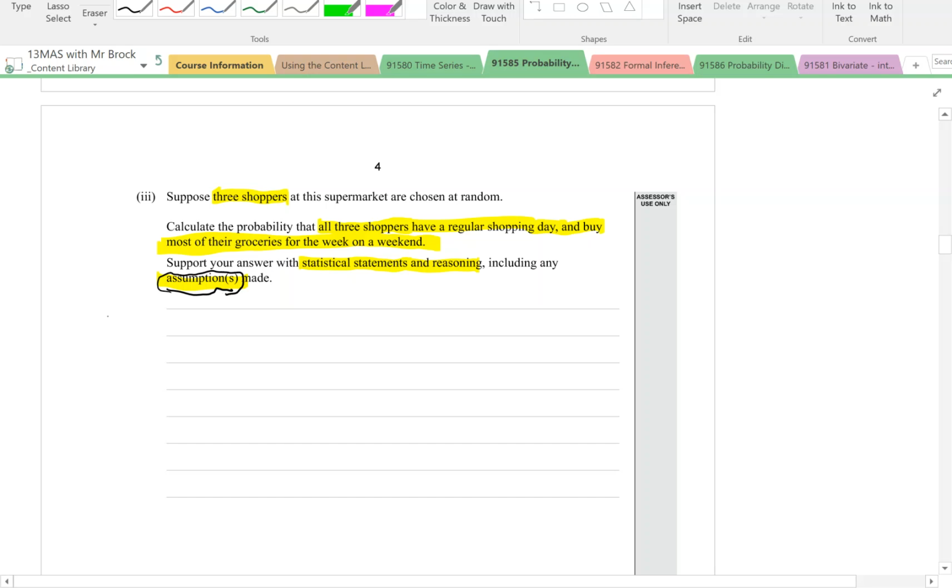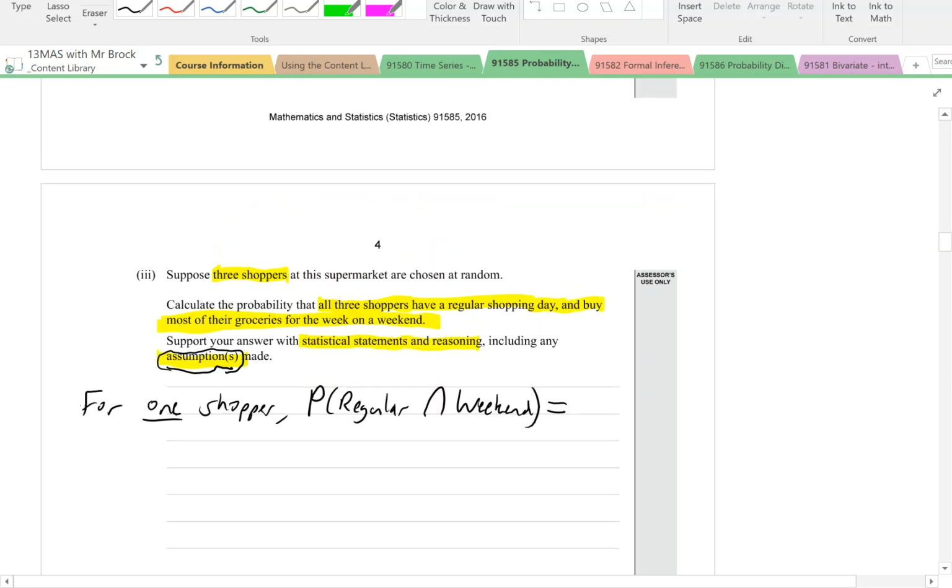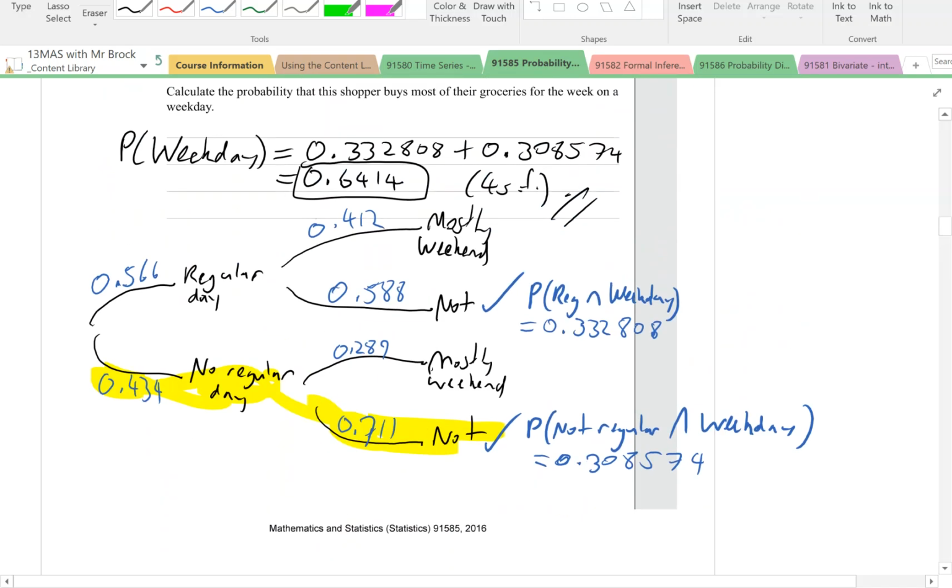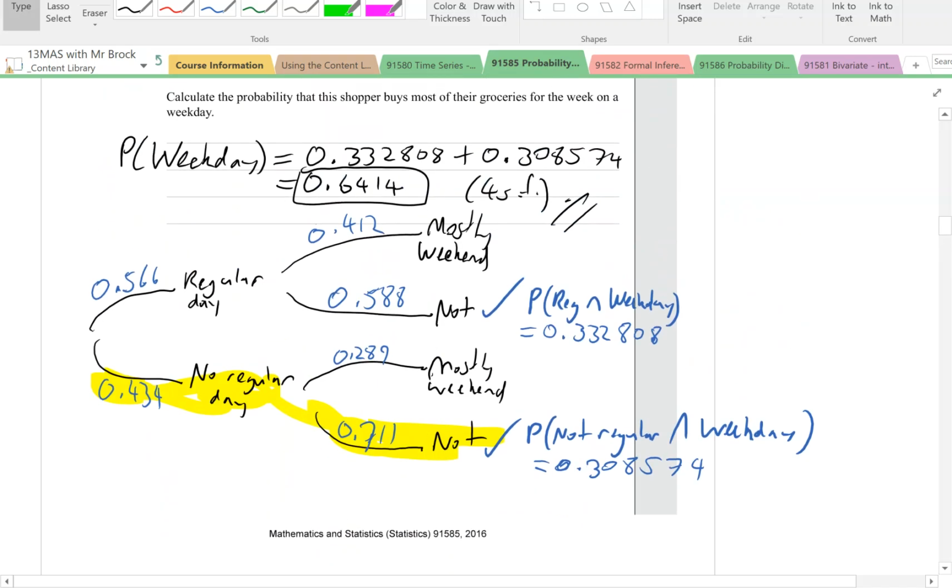So for 1 shopper, the probability that that shopper has a regular shopping day and buys most groceries on the weekend, so regular and weekend. Remember that symbol means and. If we go up to our tree diagram, that's just going along regular times probability mostly weekend.